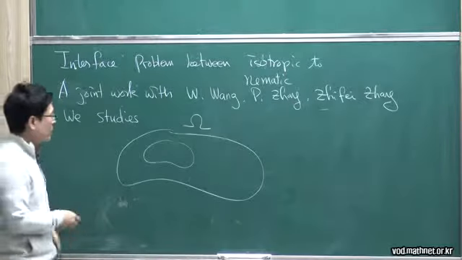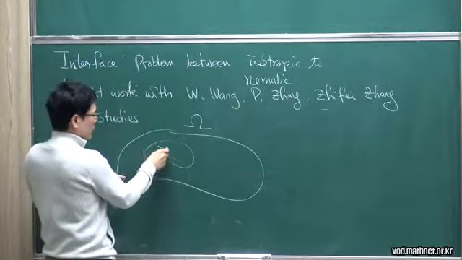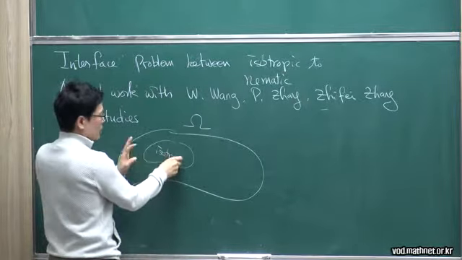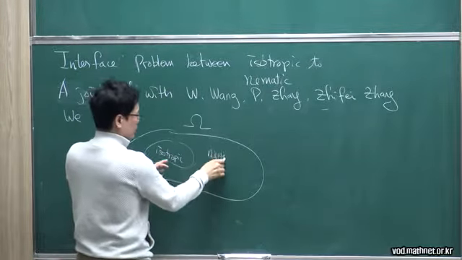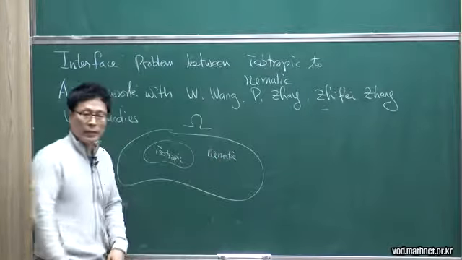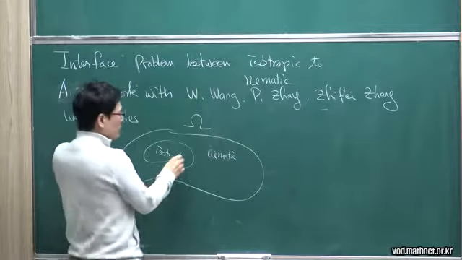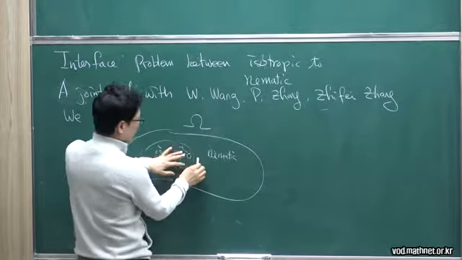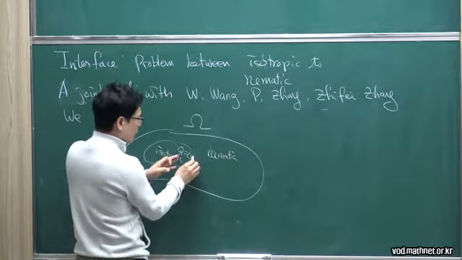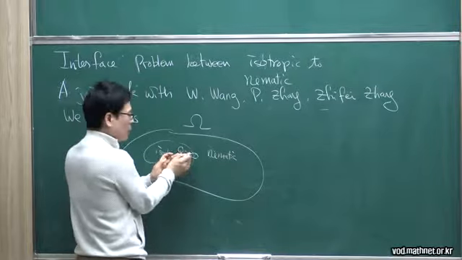So now suppose this is isotropic, and this is nematic liquid crystal. Isotropic means Q equals 0 in this domain, and here is liquid crystal. Around here, we are interested in only this part.